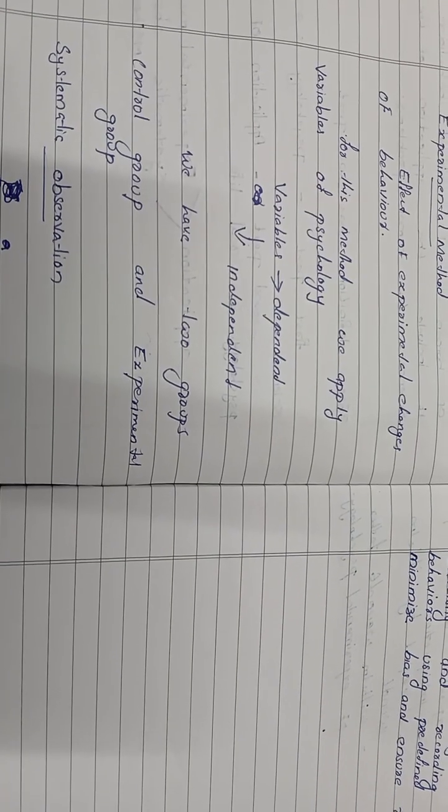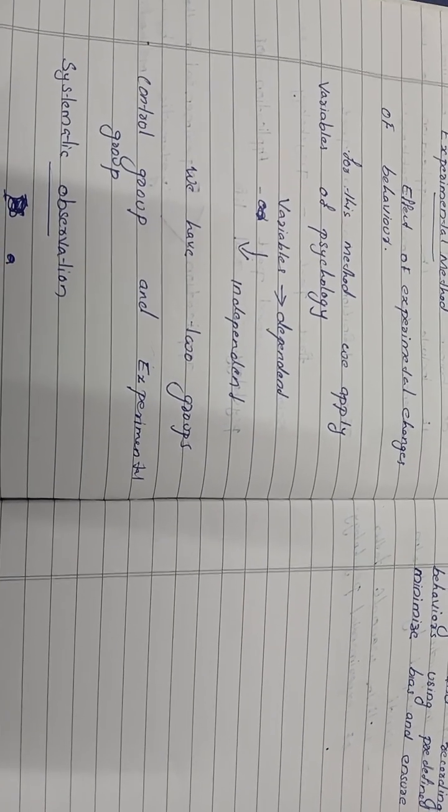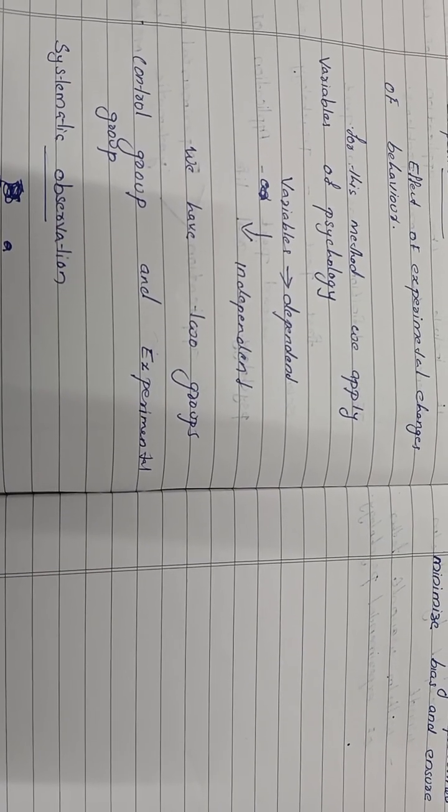In the control group we apply that method, in the experimental group we also apply that method, and we compare them. There are some selective methods. It is mainly for research purposes. This experimental method is very useful in psychology.